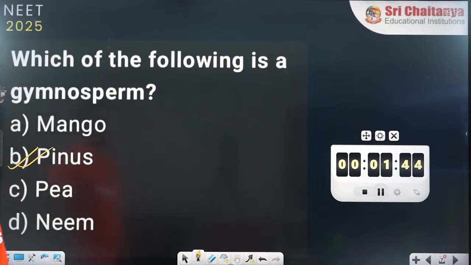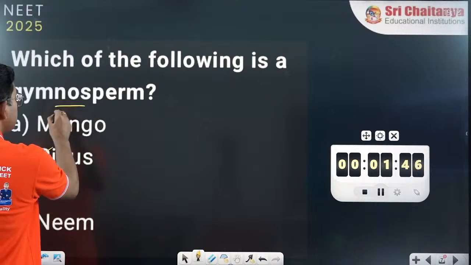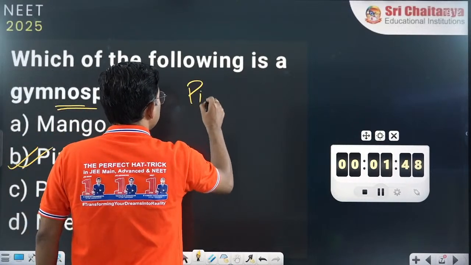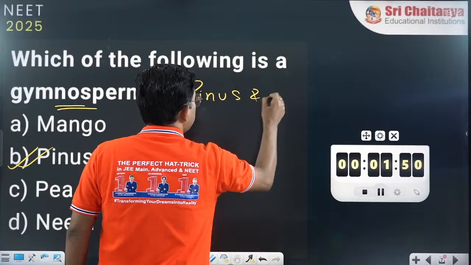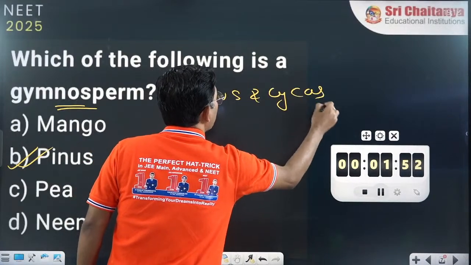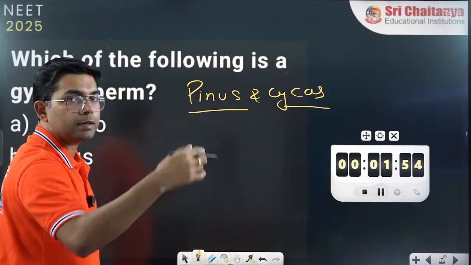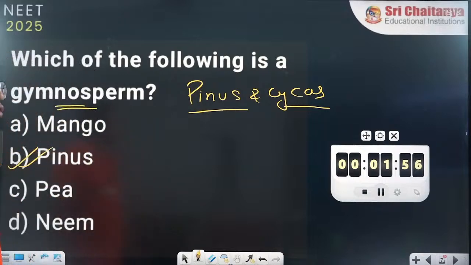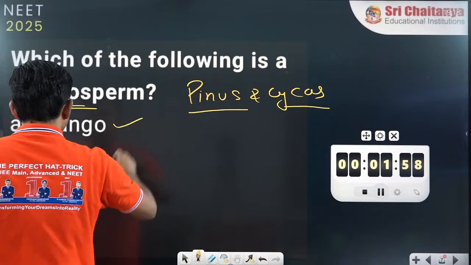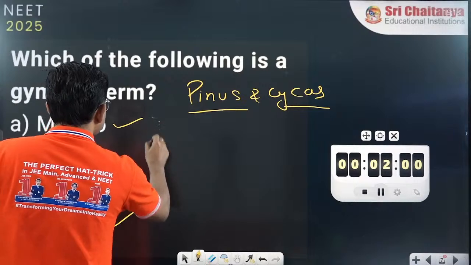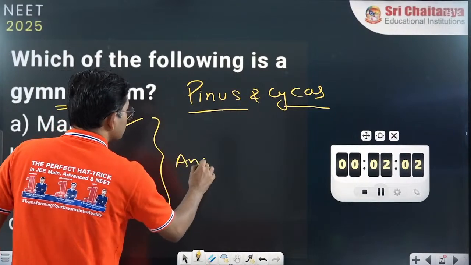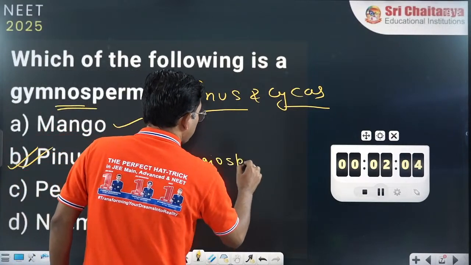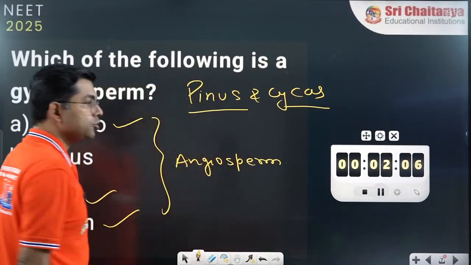Pinus, right? An example of gymnosperm. What I said? Two examples, Pinus and Cycas. They are two common examples. In the end, we will see some more examples. Mango, pea and neem are examples of angiosperm. We will see that.